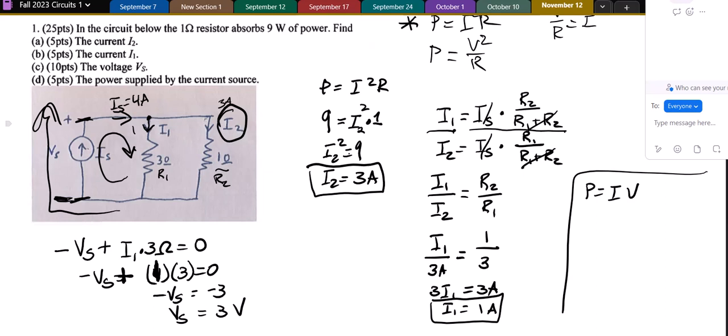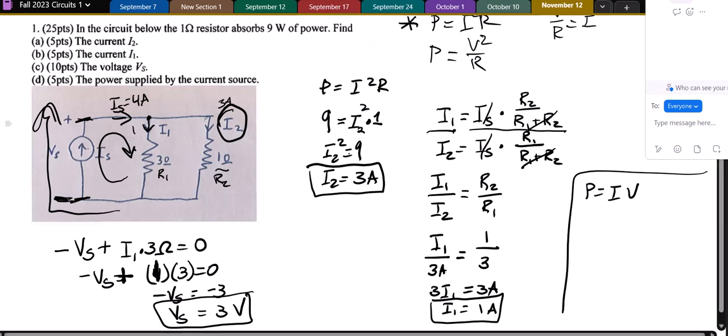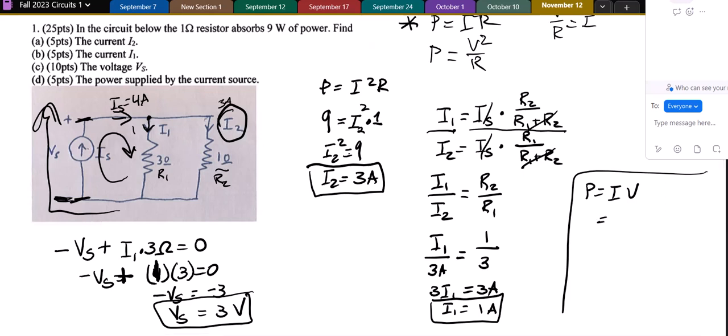But in order to get that power, I have the voltage right here. If the current is going into the negative side, then I will use a negative 3 volts right here in my equation. And I need to get what I is.